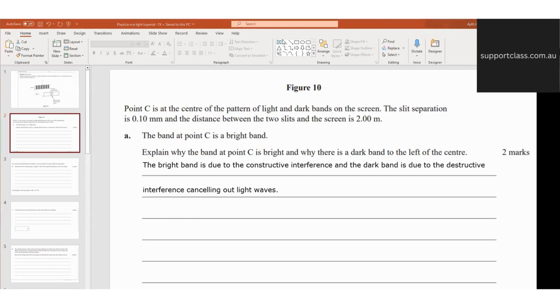So, constructive interference. You can say, see, that is constructive interference.